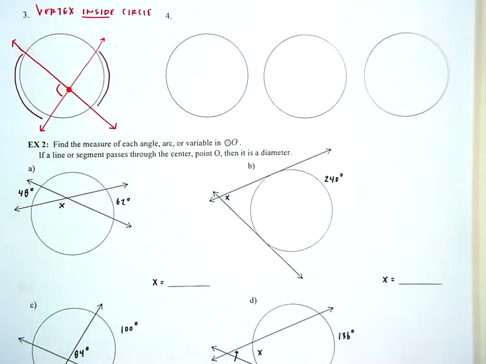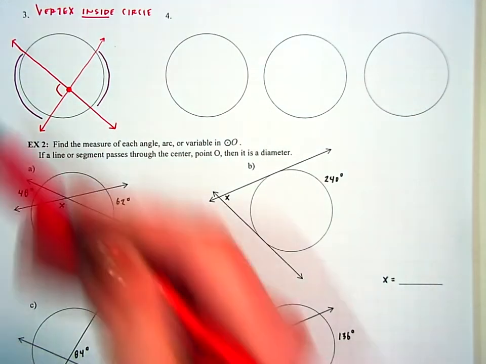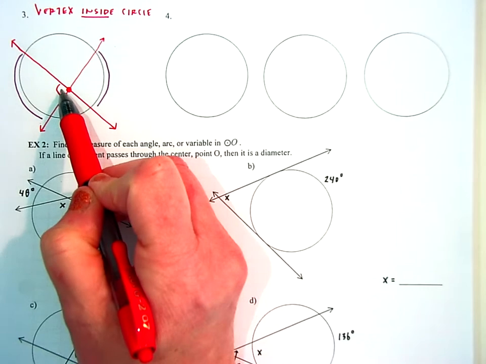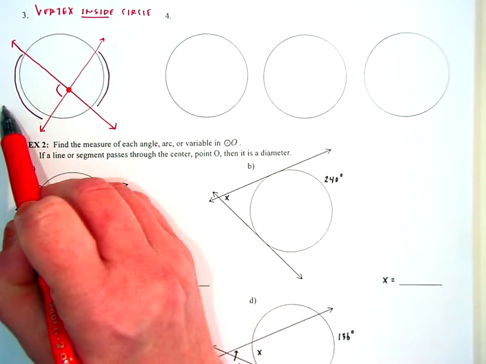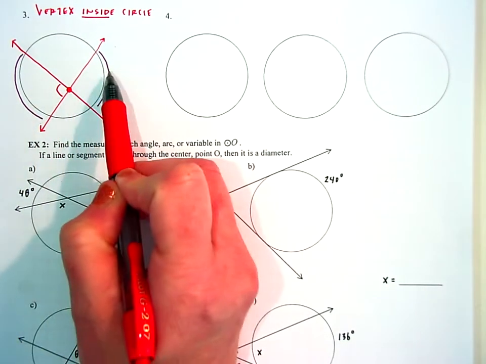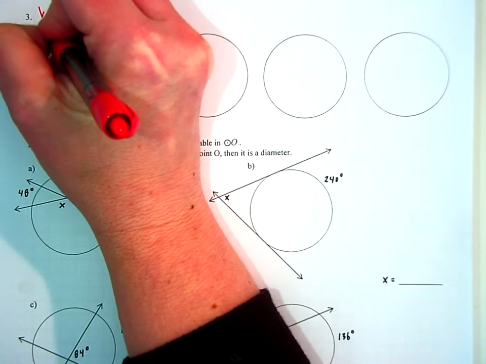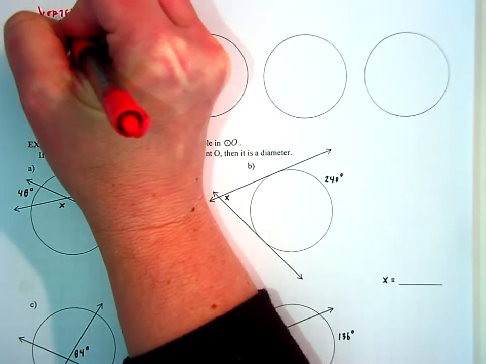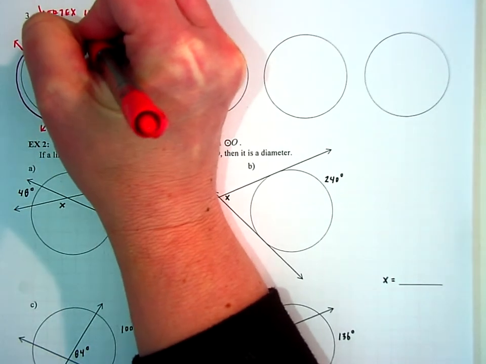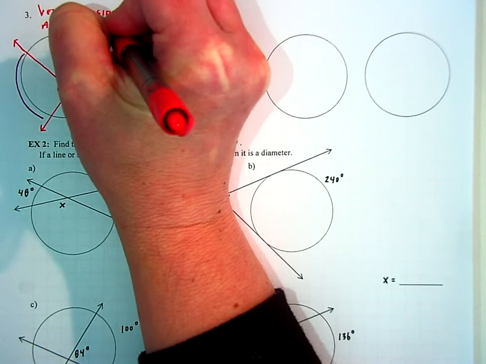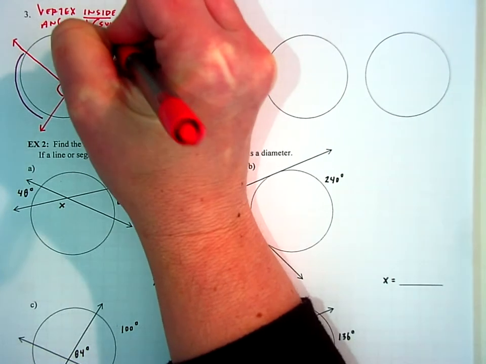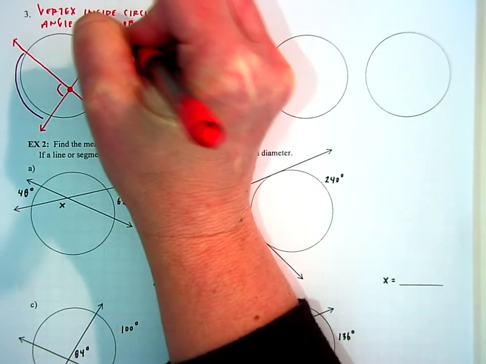Okay, and then the relationship that I showed you in the previous lecture was that the angle right here is always going to be the average of these 2 intercepted arcs. So I could also write that out as the angle is equal to 1/2 the sum of those 2 intercepted arcs.